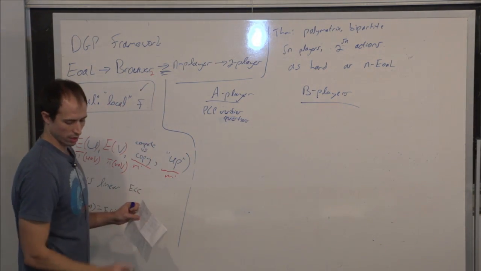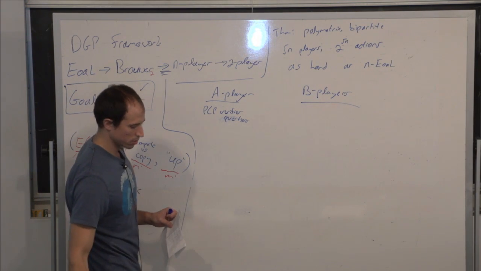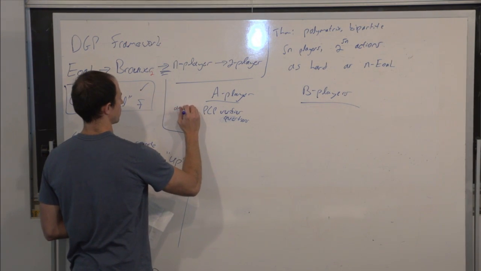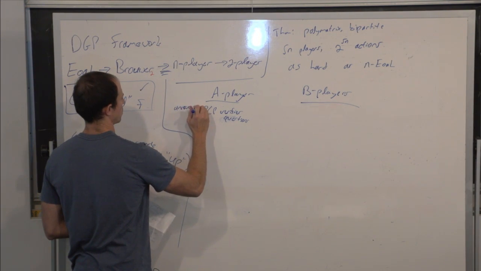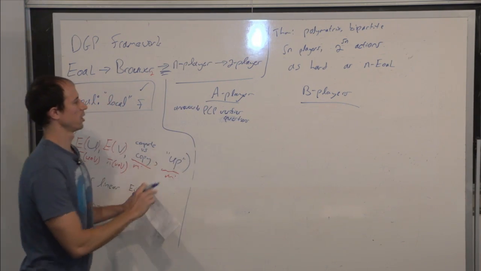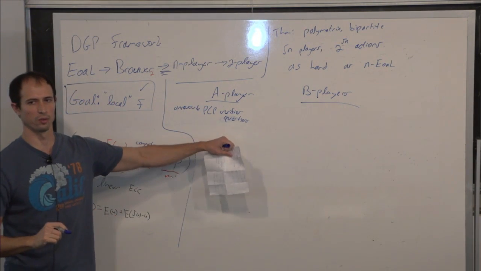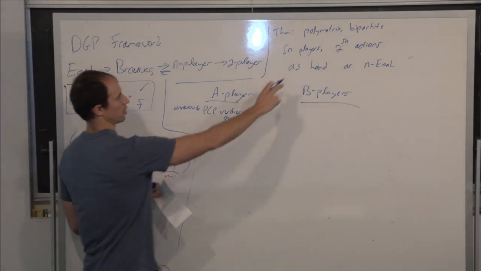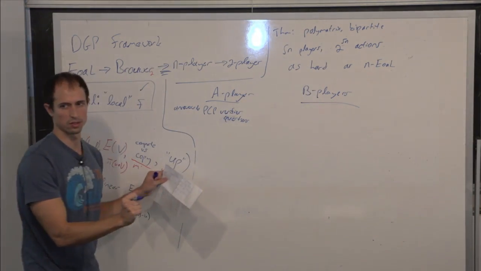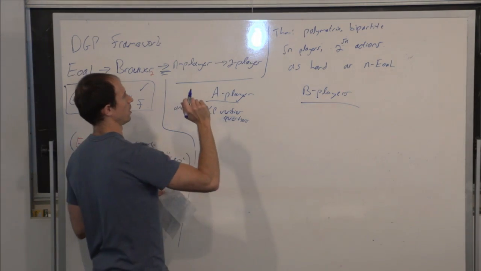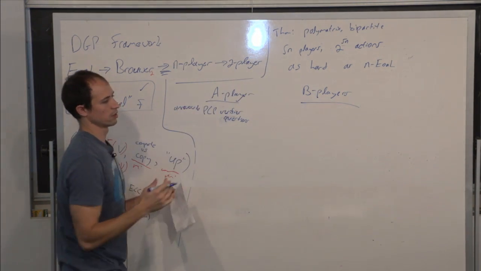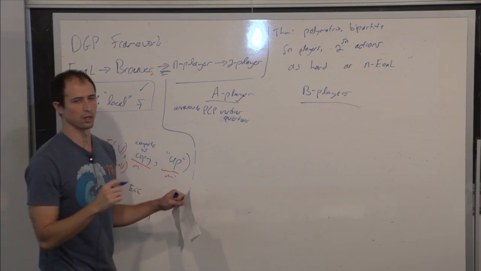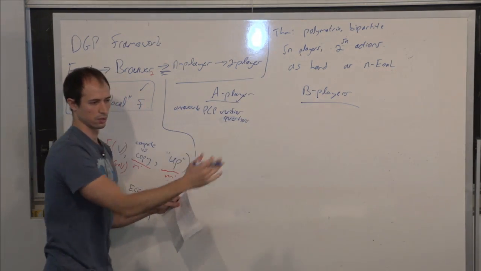So each A player tries to give an answer to a question of the PCP verifier. Remember, I have root n queries, so I need 2 to the root n bits to answer the query, and because the randomness was half log n, I get root n players.